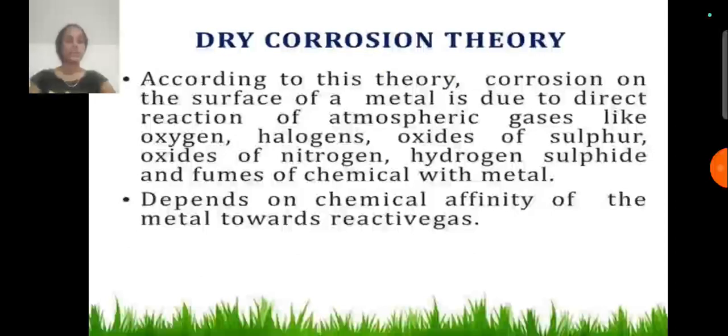According to this theory, corrosion on the surface of a metal is due to direct reaction of atmospheric gases like oxygen, halogens, oxides of sulfur, oxides of nitrogen, hydrogen sulfide, and fumes of chemicals with the metal. It depends on the chemical affinity of the metal towards reactivities. This is about the dry corrosion theory.